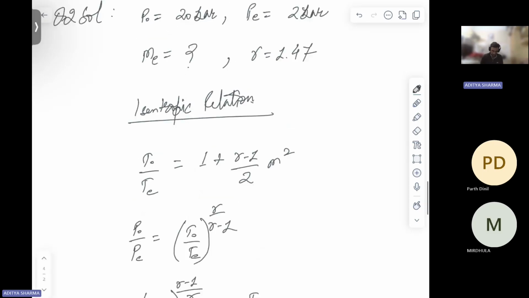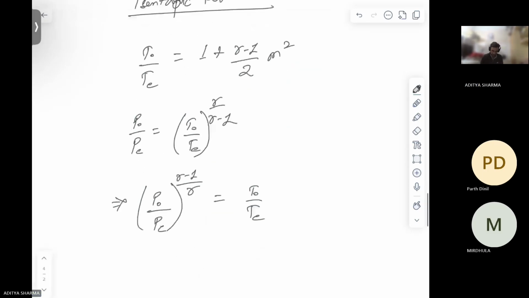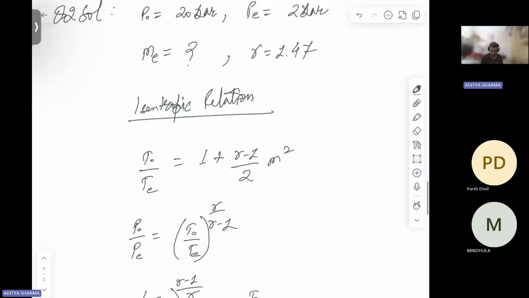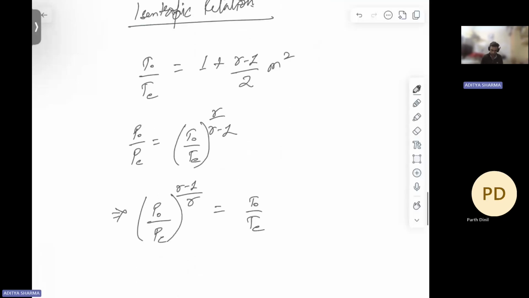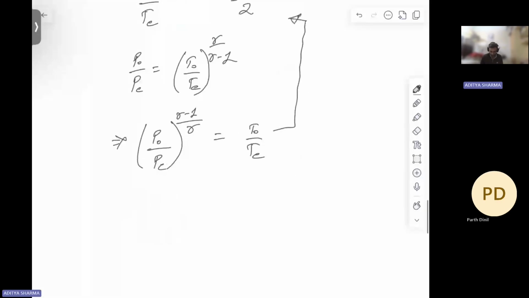So now what we can do is we can use this here, P naught by P exit.